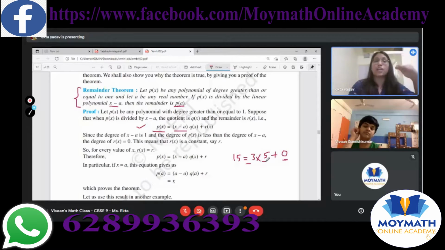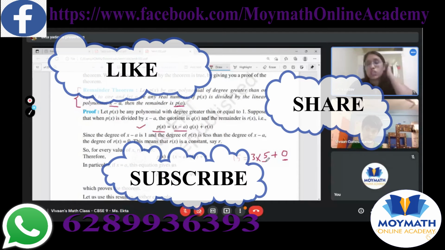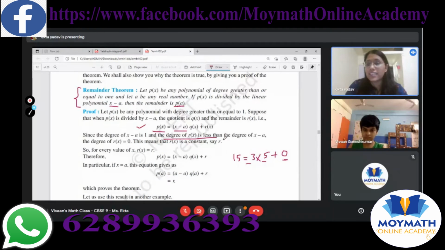Because if it is greater or equal, we keep on dividing until it's less, then we stop dividing. So that's why it's saying the degree of r(x) is less than the degree of x minus a. In any case, the remainder's degree will be less than that of the divisor x minus a with which we are dividing.